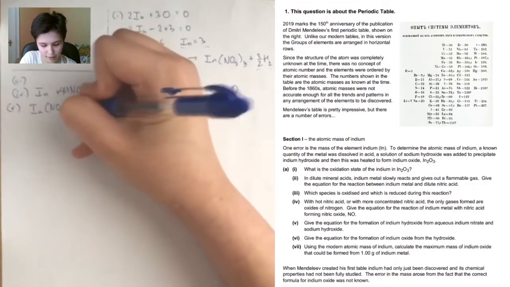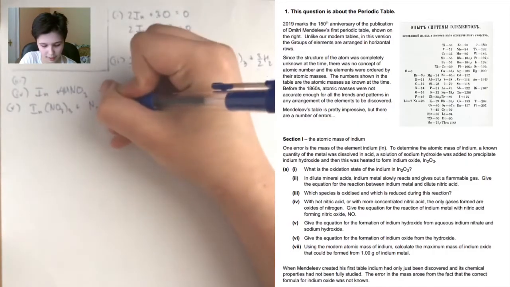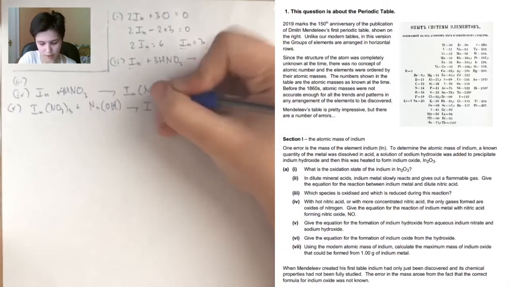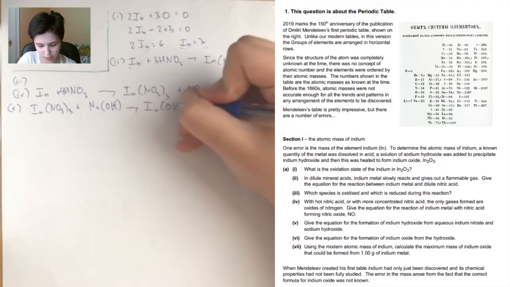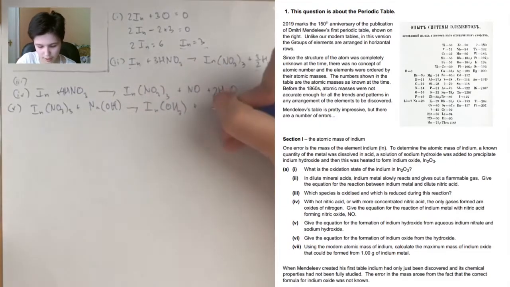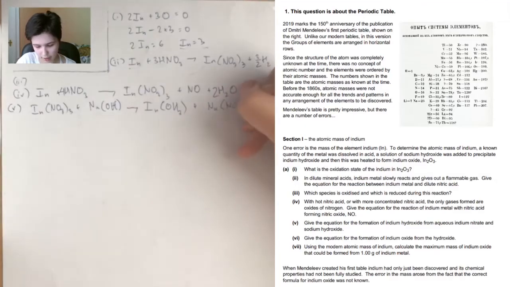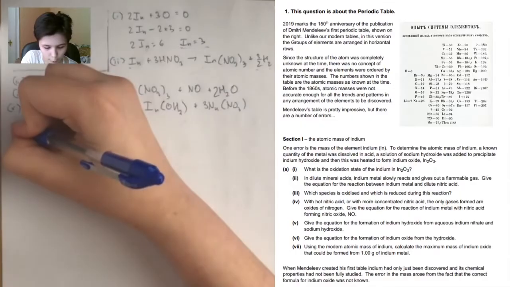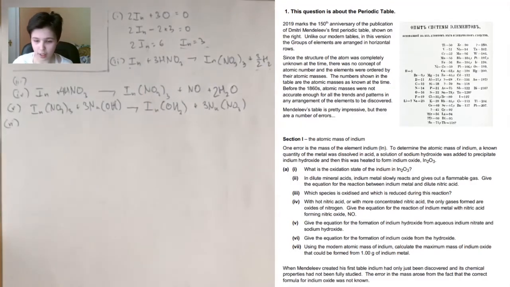In(NO3)3 plus some number of NaOH gives me the same oxidation state of indium, In(OH)3, plus NaNO3, so that's going to be 3 of each.